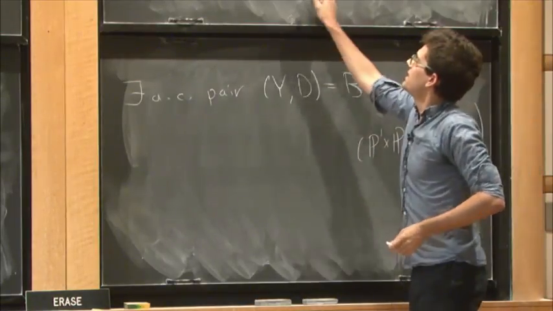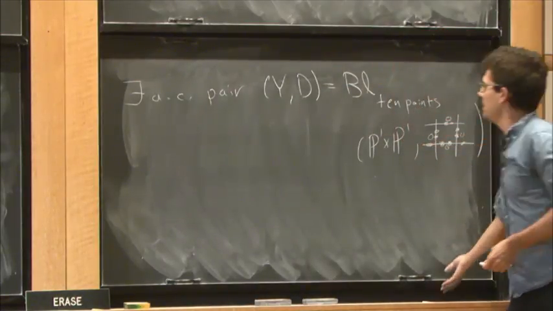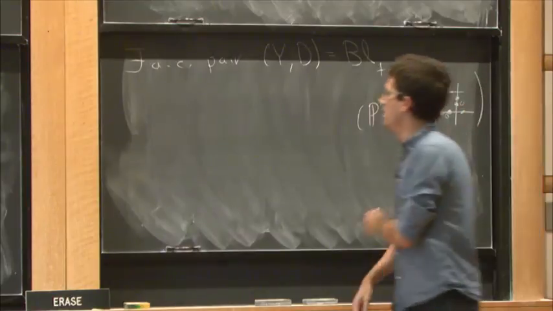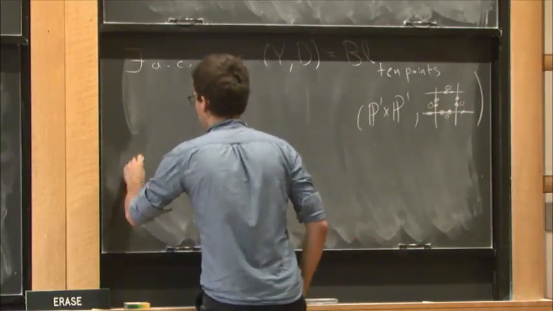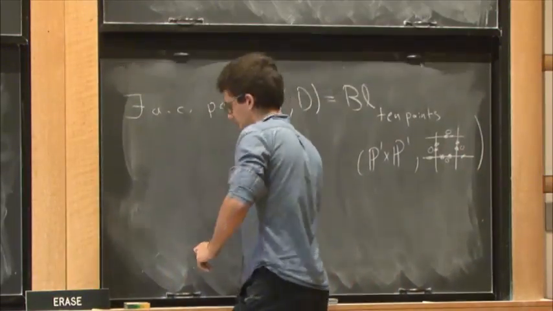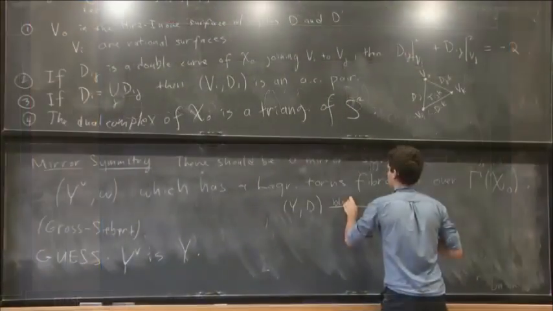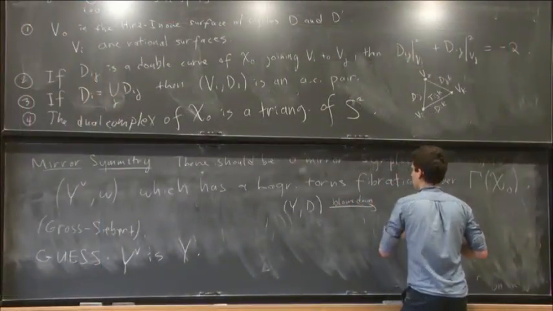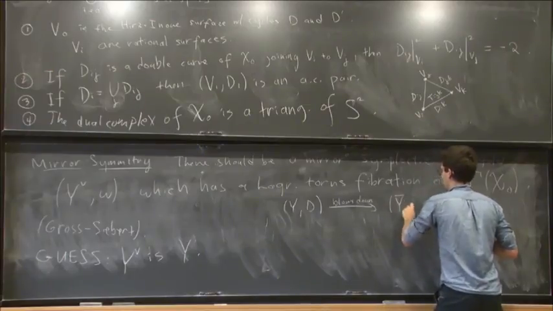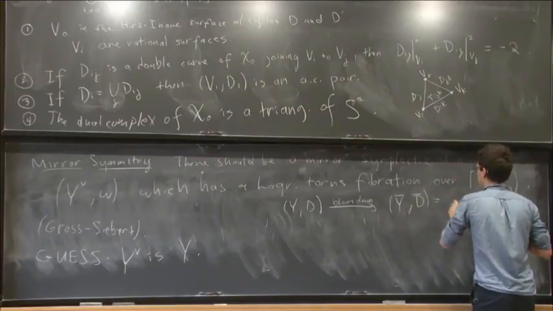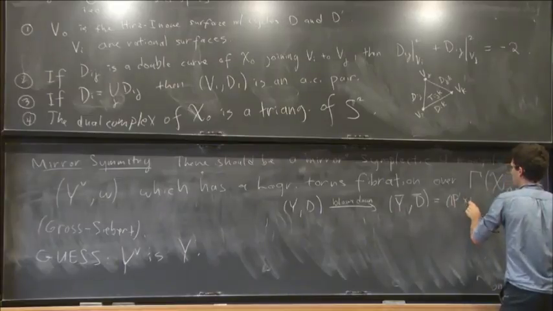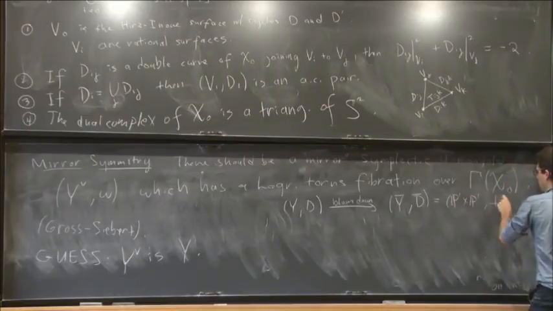So D does appear as the anti-canonical divisor on a rational surface. And YD blows down to a toric anti-canonical pair, which is just P1 cross P1 with its toric boundary.